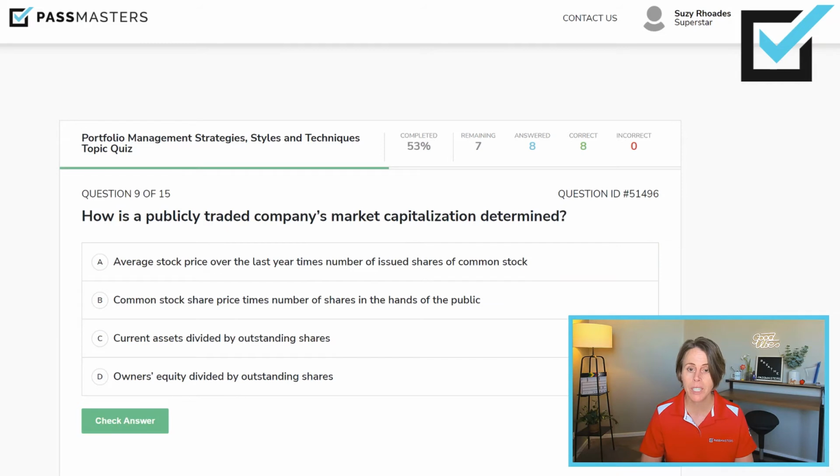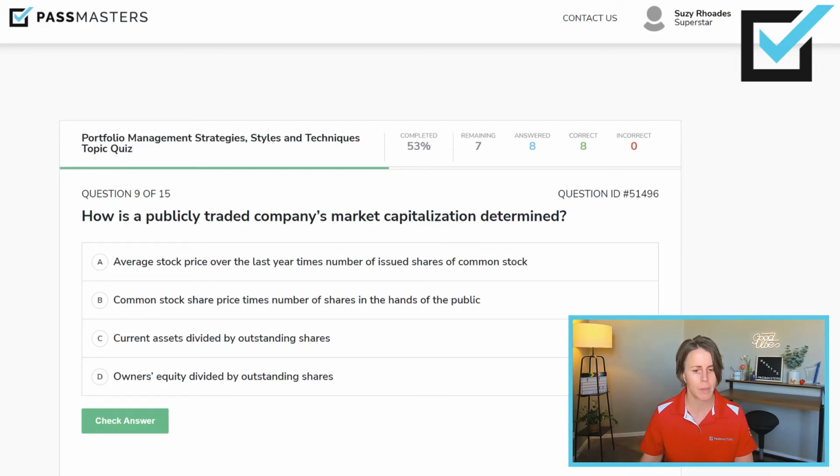How is a publicly traded company's market capitalization determined? Choices include average stock price over the last year times number of issued shares of common stock. Common stock share price times number of shares in the hands of the public. I like that. Let's check the other two.